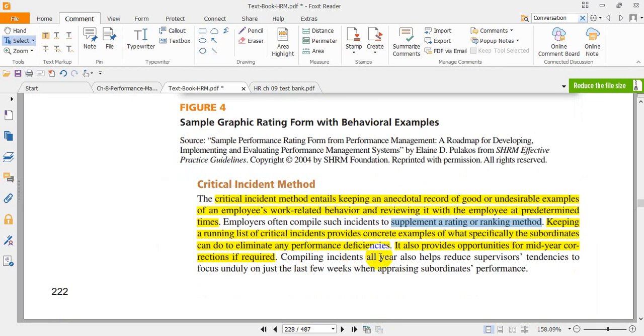Compiling incidents all year also helps reduce supervisors' tendencies to focus unduly on just the last few weeks when appraising subordinate performance. So the critical incident method is a record of negative and positive behavior and reviewing it with the employee in mid-year or yearly.